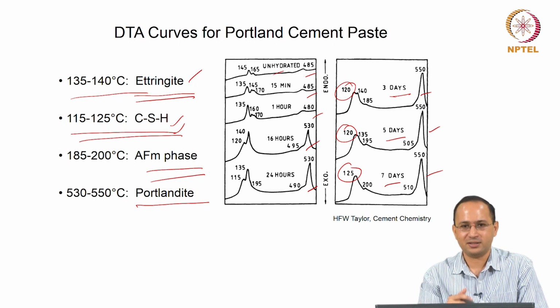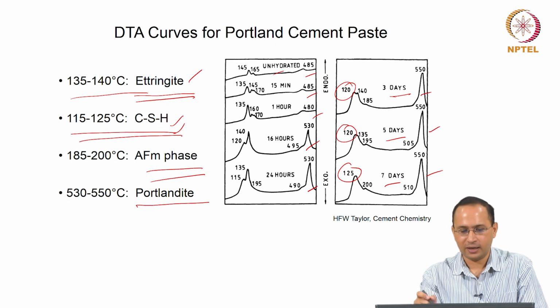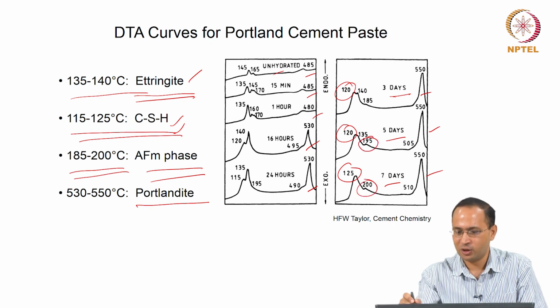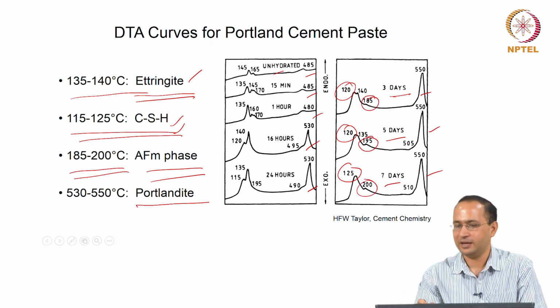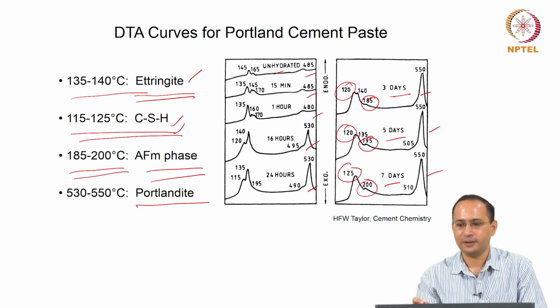For this just refer to any standard book on cement hydration, we are not going into detail, but AFM phases are formed. So you see at around 185 to 200 degrees C, this is because of AFM phases. So from the DTA curve you get a lot of information on what kind of phases are formed.